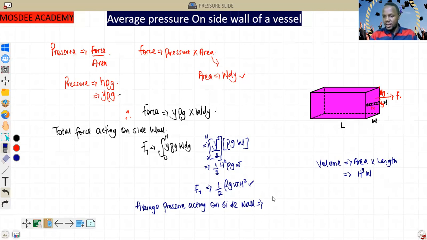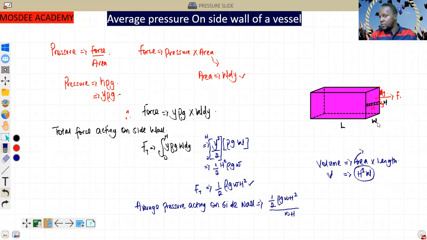The answer for our force is 1/2 rho g W h squared divided by area. What's our area? Area is W times H. Area is not volume. This is the value of volume. Volume is area times length, and area is length times breadth.